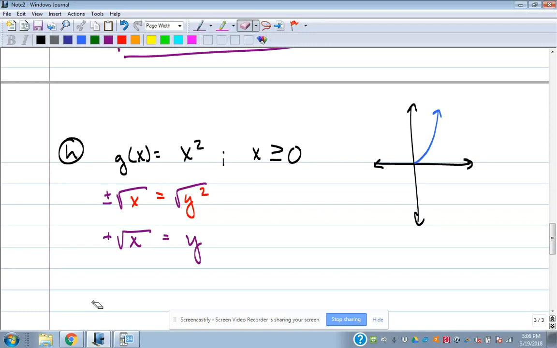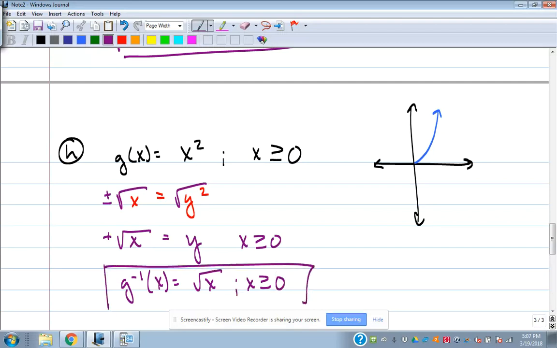Not necessarily because this said x's are greater than or equal to 0, but because on the graph, the y values that I got were positive. So g inverse of x equals the positive square root of x, and x is greater than or equal to 0. There's our inverse out of that.